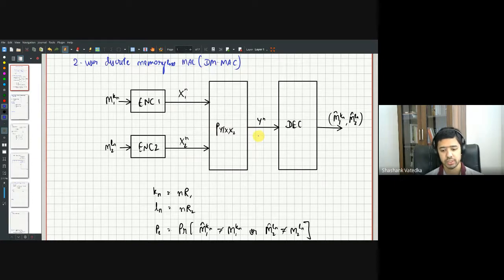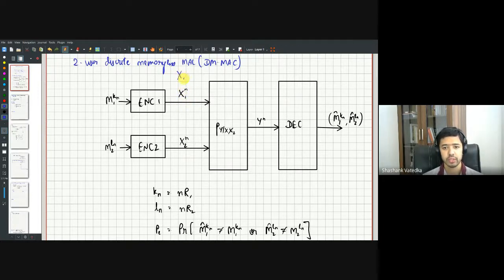So it's a discrete time system where communication happens over n time instants or n channel uses, and each user can send essentially a vector of length n coming from some alphabet.